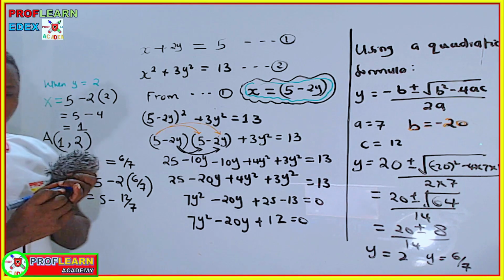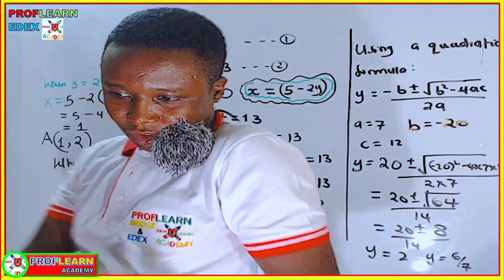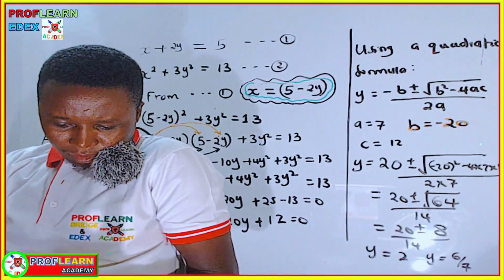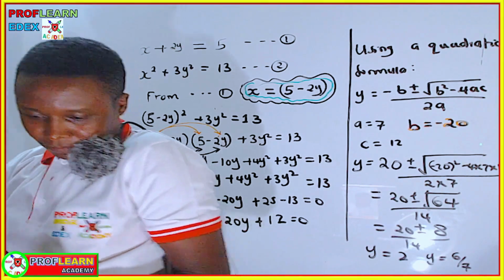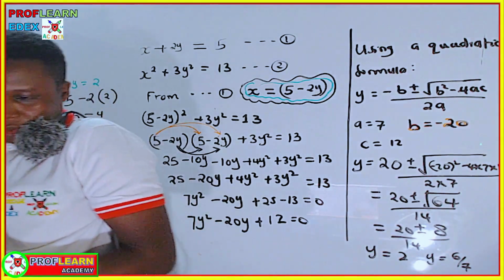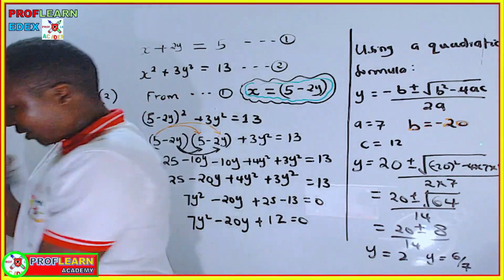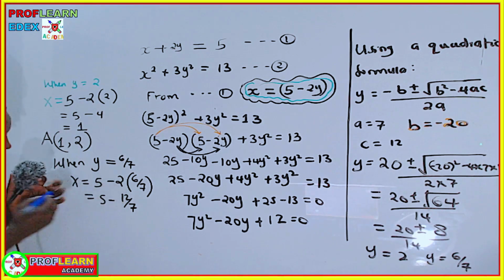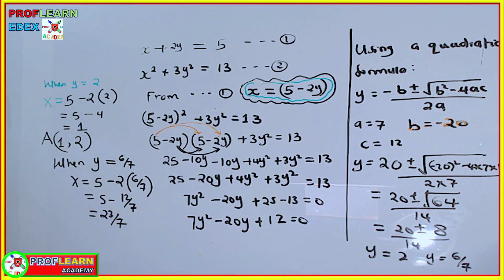That is 5 minus 12 over 7. If we put this in the calculator, we have 5 minus 12 over 7, which translates to 23 over 7. So you can say this is 23 over 7.